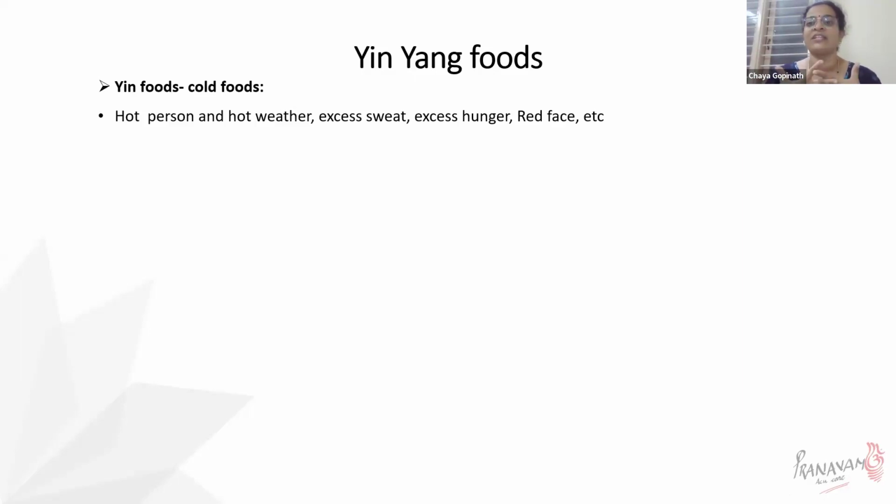He's having excess fatigue, excess hunger, red face, a lot of agitation, anger. These kind of features are seen in that person. This kind of person is a yang kind of person.